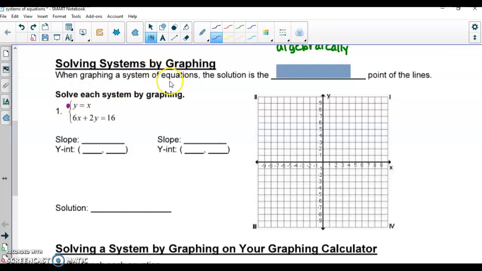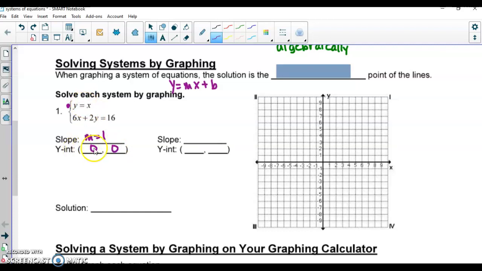This equation is in slope-intercept form, y equals mx plus b, so we can graph accordingly. Here, my slope m is 1. There is no b at the end, so my y-intercept is the point 0, 0.